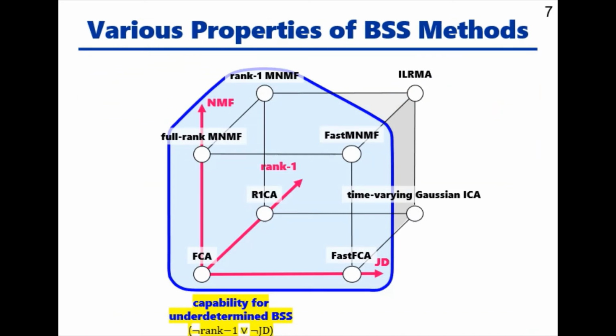Various properties of BSS methods can be explained by using this cube. As I explained in the previous slide, when both the rank 1 and the JD constraints are imposed on R, the determined condition is automatically derived. This implies that underdetermined BSS is possible when either the rank 1 constraint or the JD constraint is absent, which corresponds to the region shown in blue.